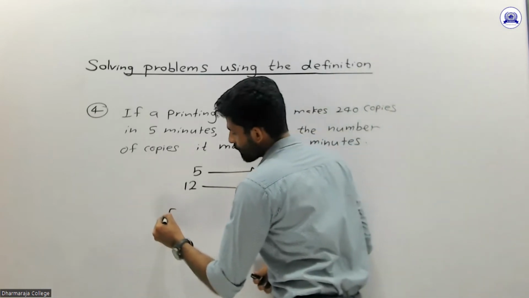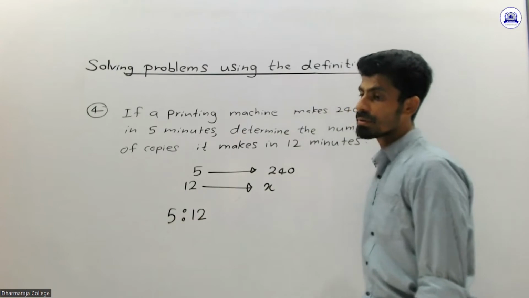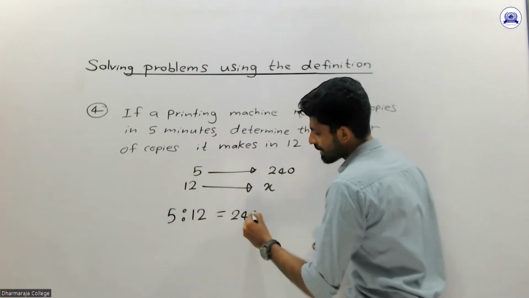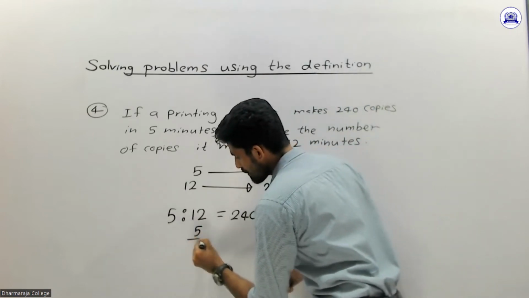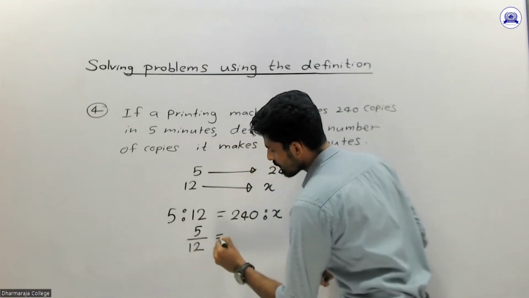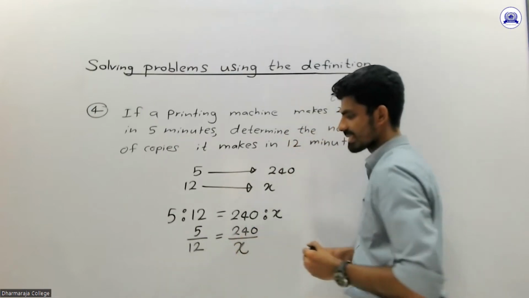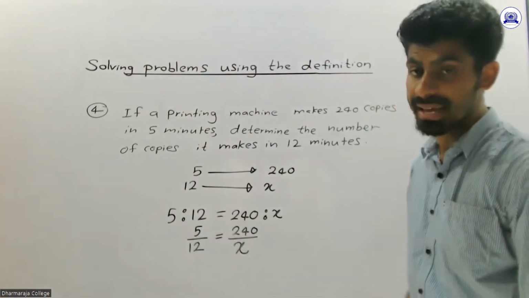Let's take 5 to 12. 5 to 12 equals 240 to x. That means 5 over 12 equals 240 over x.